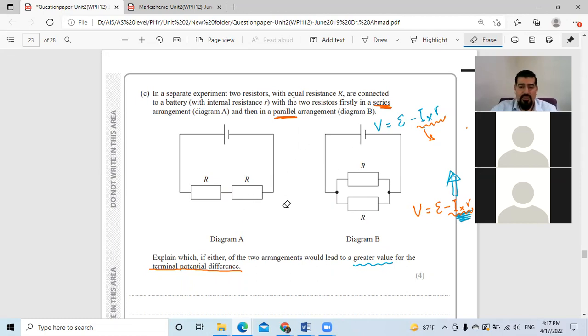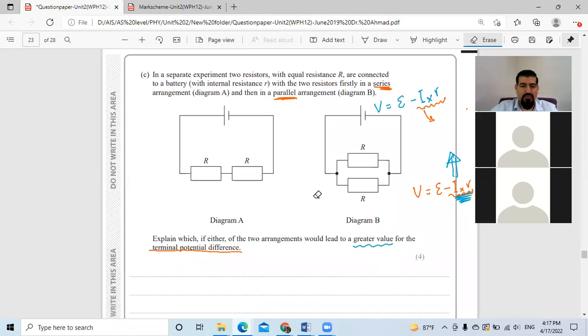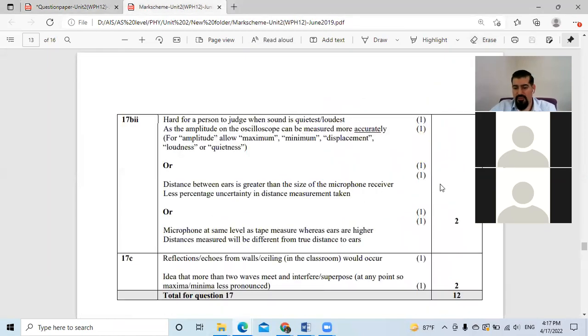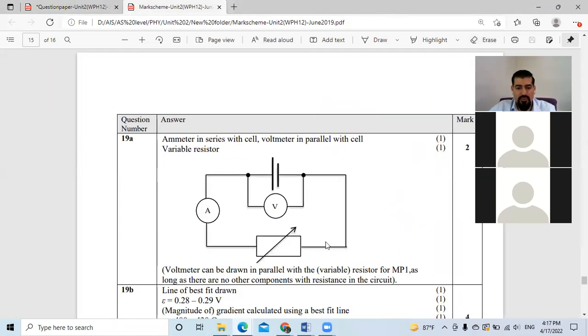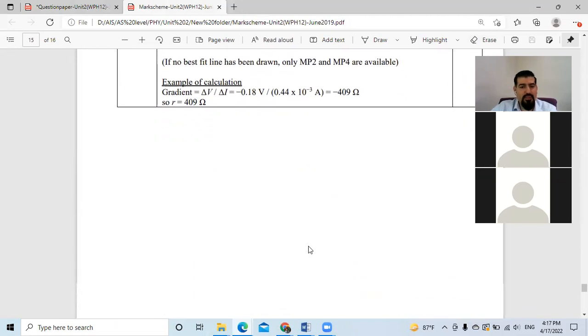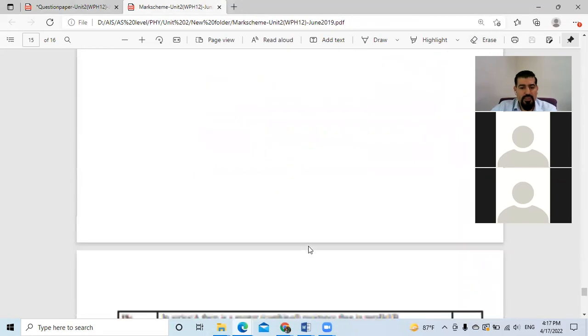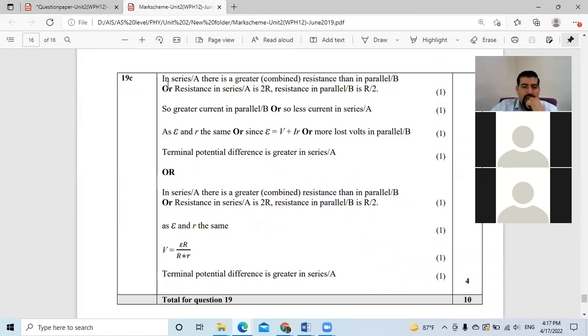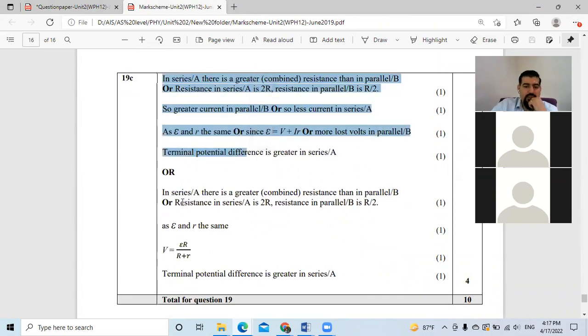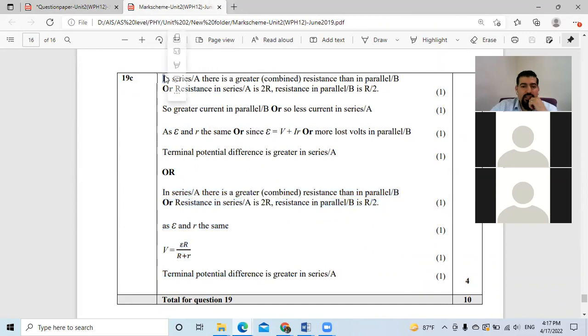Yes, exactly. So if we look at the mark scheme of this question, you will see that we have several ways to answer it. There are two different ways. In series, diagram A, there is greater resistance than in parallel. So the resistance is twice the resistance here, while in parallel it will be R divided by 2.